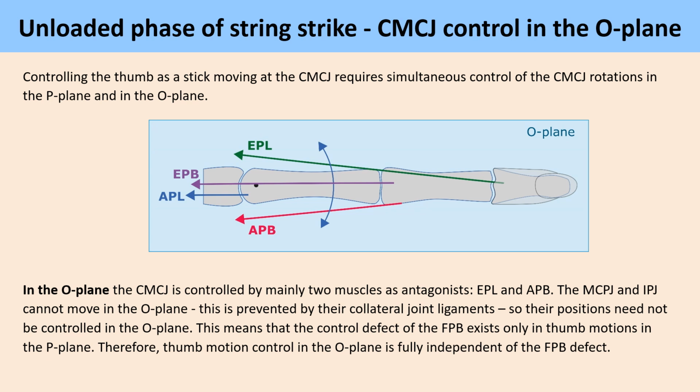The MCP and IP joints cannot move in the O-plane. This is prevented by their collateral ligaments, so their positions need not be controlled in the O-plane. This means that the control defect of the flexor pollicis brevis exists only in thumb motions in the P-plane. Therefore, thumb motion control in the O-plane is fully independent of the flexor pollicis brevis defect.